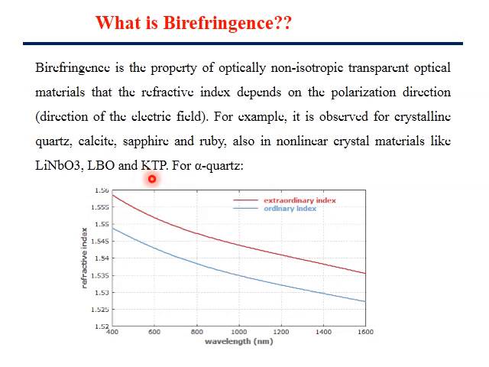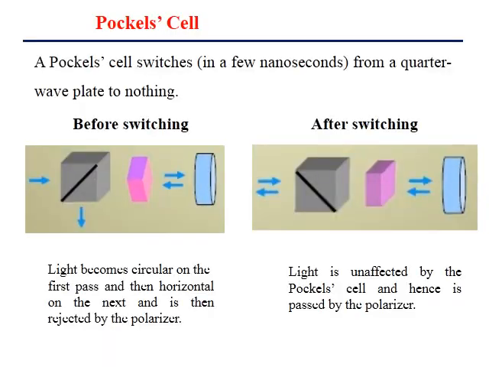It is potassium titanyl phosphate. For now you can just understand birefringence as a material having more than one refractive index depending on the polarization direction. But when we study nonlinear optics, birefringence is in itself a very large topic, right? Okay.